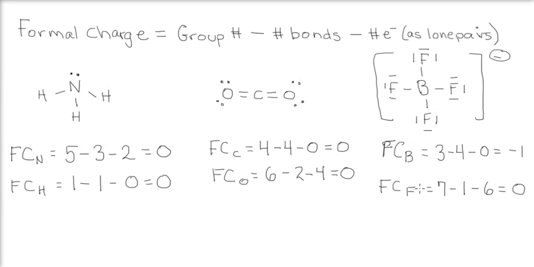Now that you have been introduced to formal charge, if we were to be really specific about where the negative charge actually is, we would write that negative charge right next to the boron to indicate that that boron has a negative charge.